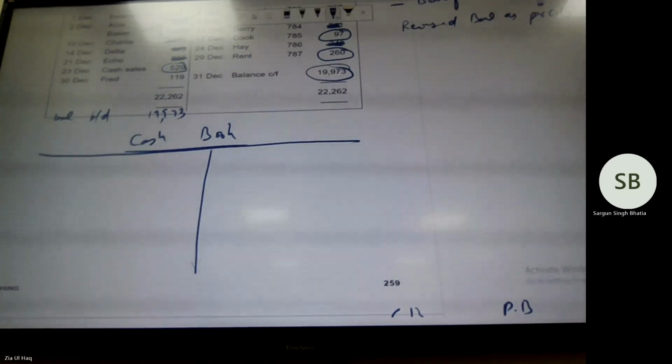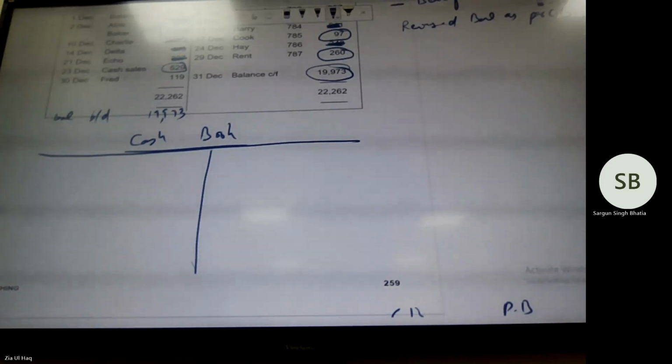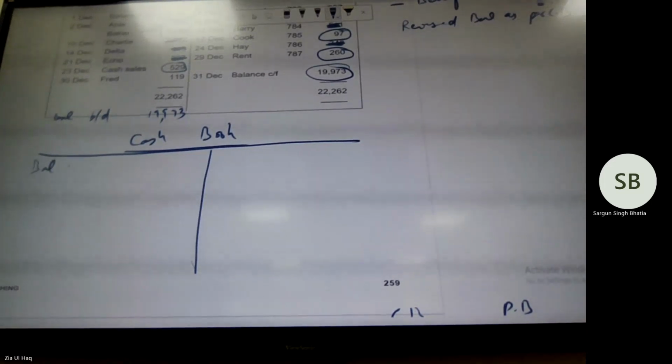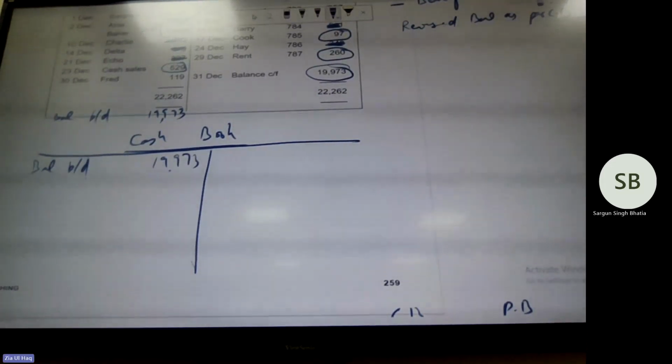This will be the balance brought down, 9973, and it will come here.